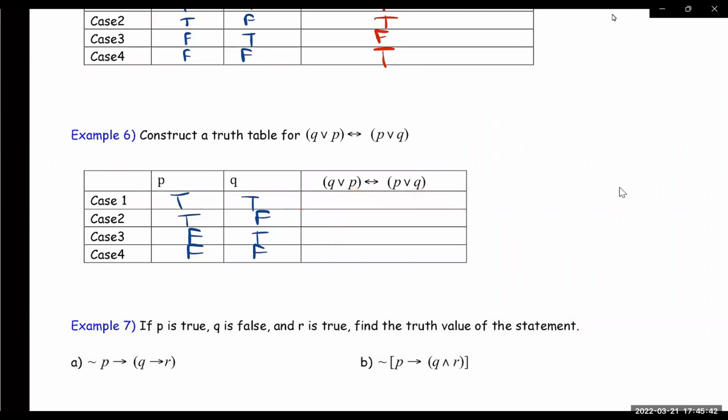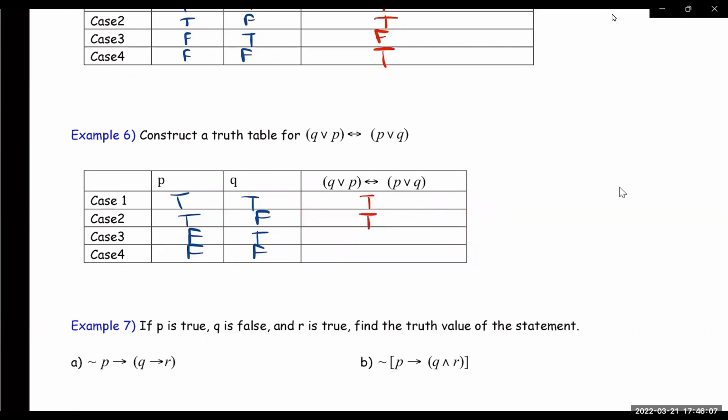That is true. All right, for the next one, you're going to have false or true, double-sided arrow, true or false. Since these are ors, these are both true. So you have true, double-sided arrow, true. That is true.